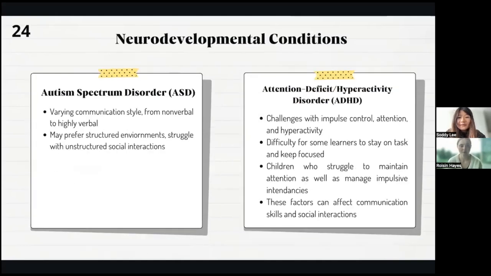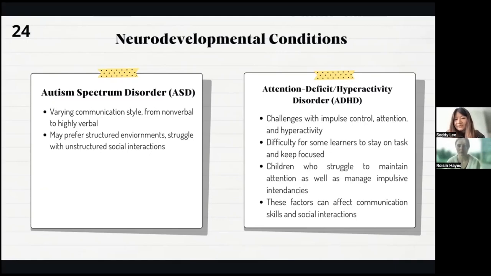We know that there may be associations with neurodevelopmental conditions. For autism spectrum disorder, individuals may exhibit a range of communication styles, from nonverbal to highly verbal. Some may prefer structured environments and struggle with social interactions. On the other hand, for attention deficit hyperactivity disorder, known as ADHD, individuals may have difficulty with impulse control, attention, and hyperactivity.